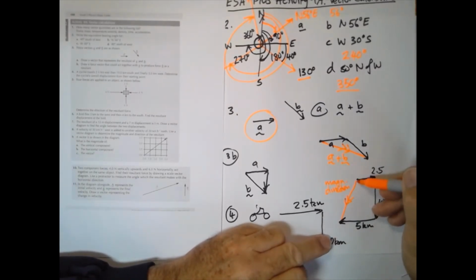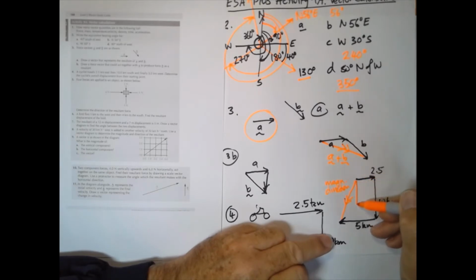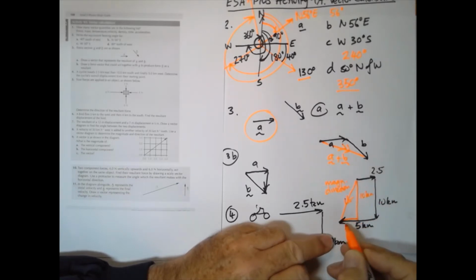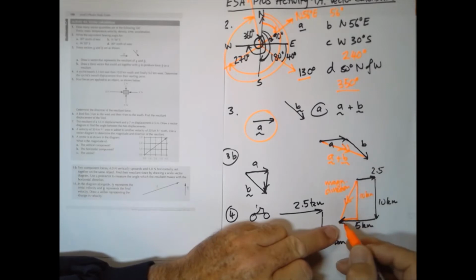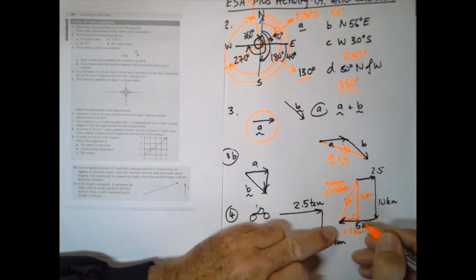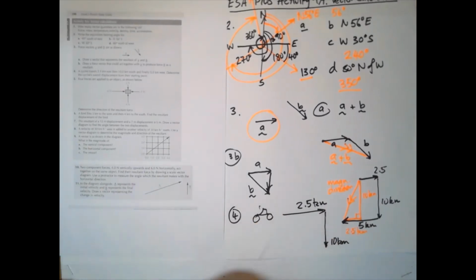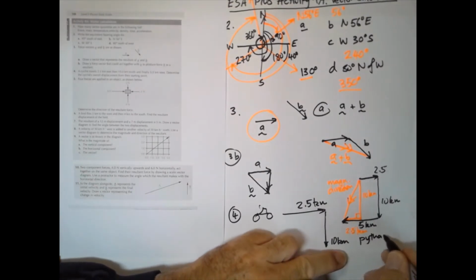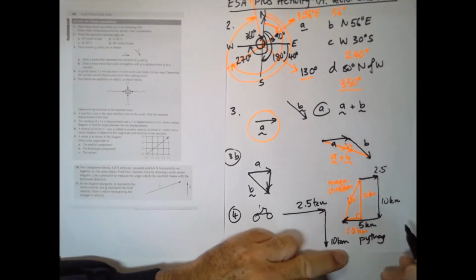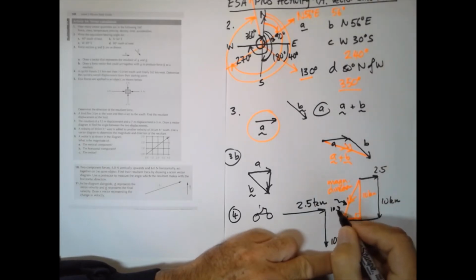The length from here to here is 10 kilometers, and the length from here to here must be 2.5 kilometers. So now we've got a triangle. It's a right angle triangle, one side 10 kilometers, this side 2.5 kilometers. So we can now use Pythagoras to calculate this length here, and we'll get 10.3 kilometers.